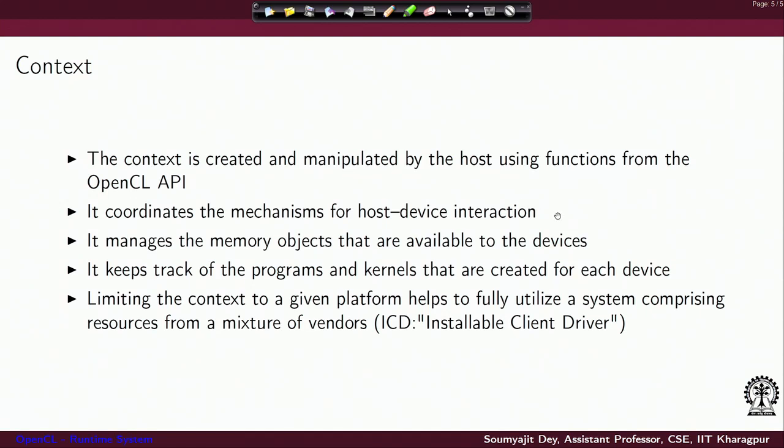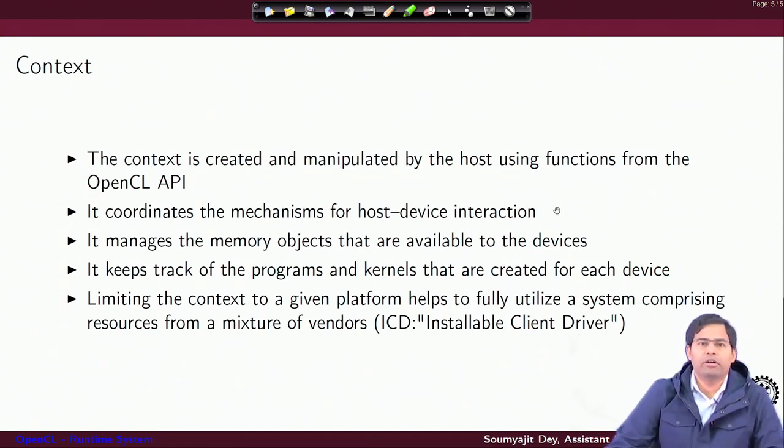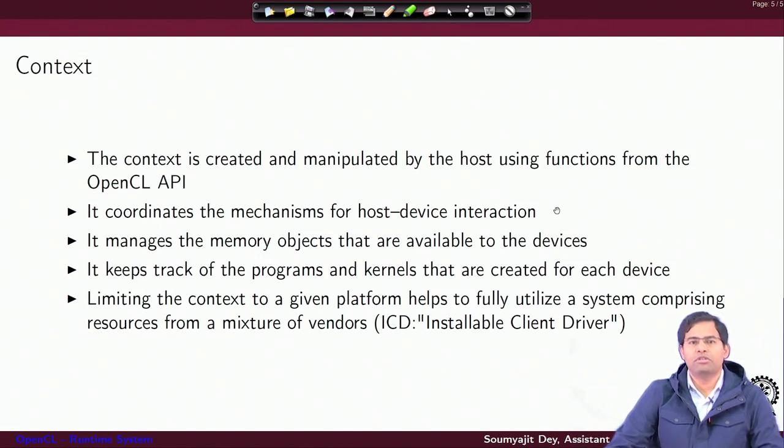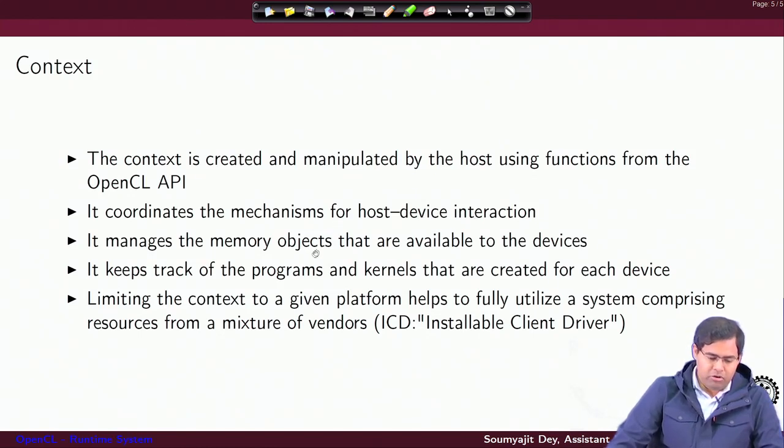What is really important to remember is that a context is created and manipulated by the host using functions from the OpenCL API. So, it is the OpenCL host program which defines the context using the platforms and devices, and then inside the context the host program will perform interactions with the device.